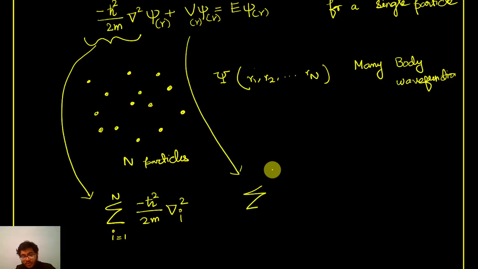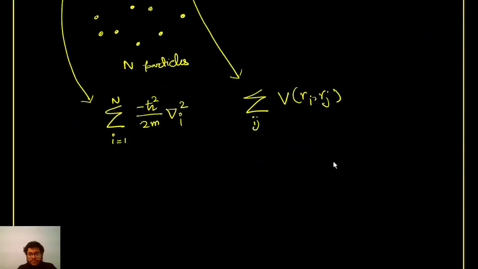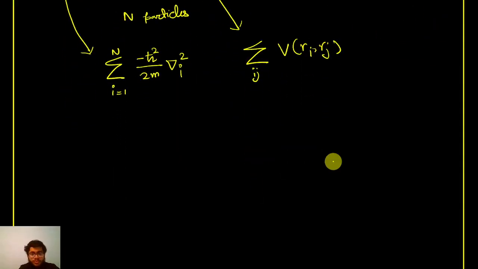The potential energy term will account for how the potential energy between two electrons interacts with and affects the trajectory of the electron. So that is what we are going to do. Now this is the modified Schrodinger equation.